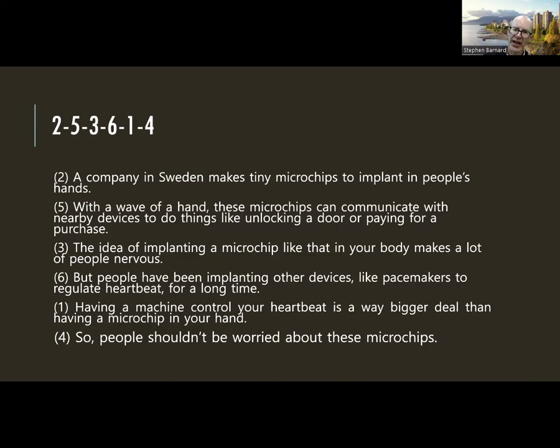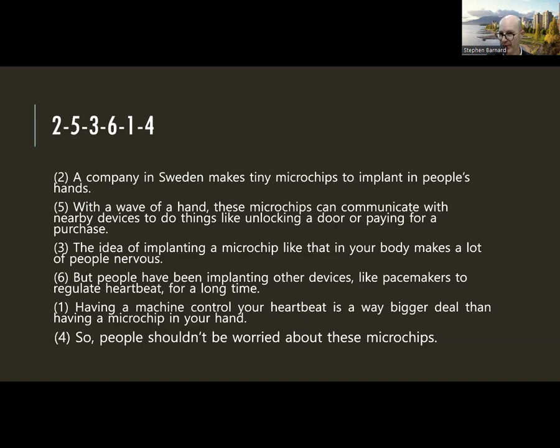Now, what is a counter argument to that? Well, but people have been implanting other devices like pacemakers to regulate heartbeat for a long time. So having a machine control your heartbeat is a way bigger deal than having a microchip in your hand. You can see how the last few sentences work very well together. First, we find out what these microchips do.